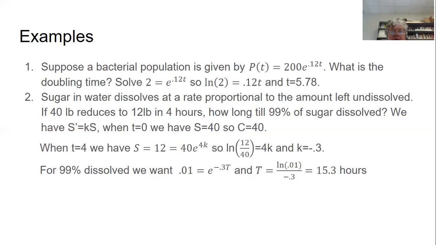And so we get ln of 0.01 divided by negative 0.3. ln of 0.01 is going to be negative, right? Because 0.01 is less than 1. And that gives us 15.3. And actually, we're given units here, unlike in the first problem. So 15.3 hours is the time it takes. Excellent.